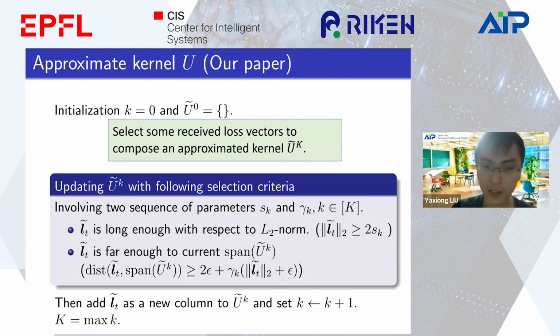Secondly, we choose loss vectors that are far enough from the current span, by involving another parameter gamma_k. That means we select loss vectors which are long enough and highly independent of each other to approximate the true kernel U by U_K theta, and we can update K with the received loss vectors.